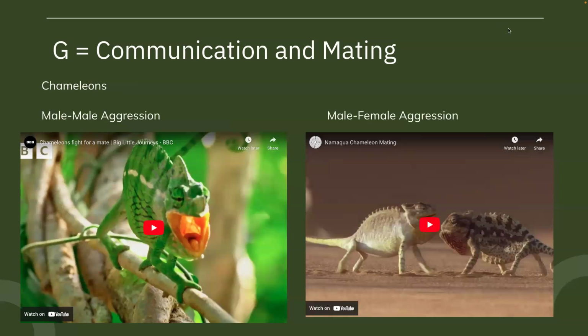And then chameleons. These videos show how environment and the availability of a mate affect your mating strategy. In the first video, the chameleon has easier access to resources and mates are more easily accessible as well. So their mating rituals are more focused on defending their mate from competitors rather than actually finding a mate.